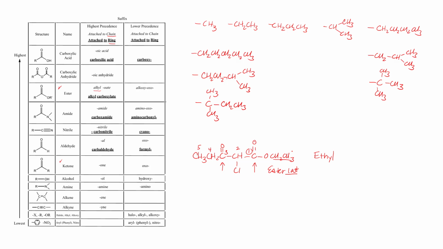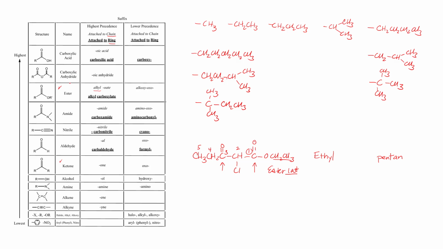So there's my ethyl, and now the question is, what is the chain? It's a 5-carbon chain, so it's going to be a pent. There are no double bonds in the chain, so remember it would be pent-en, an, or yn, but in this case, since there are no double bonds, this is going to be a pentan.